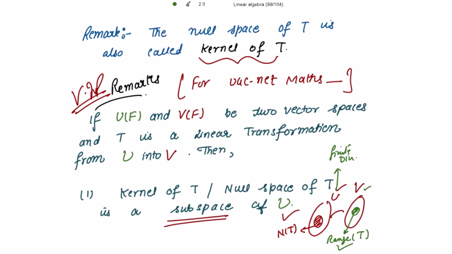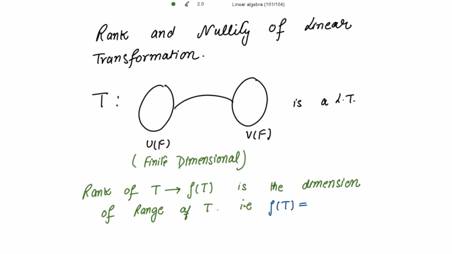Next is the rank and nullity of a linear transformation. If T is a linear transformation from U(F) into V, where U is finite dimensional, then the rank of T, denoted as rho(T), is the dimension of the range of T. First we get the range of T and then we find the dimension for this.